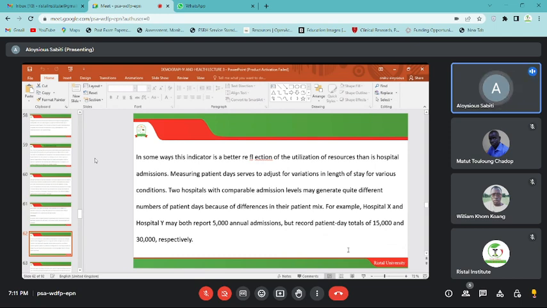mix. For example, Hospital X and Hospital Y may both report 5,000 annual hospital admissions, but they may record different patient days totals.